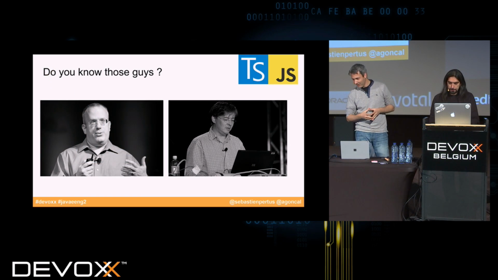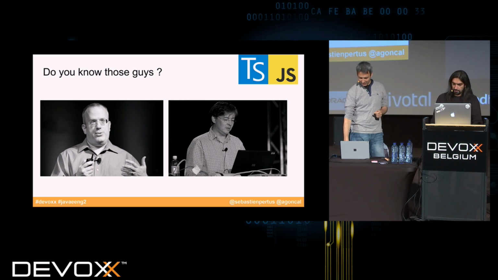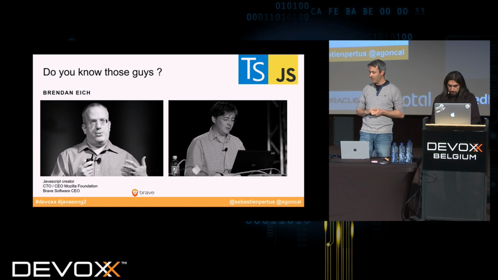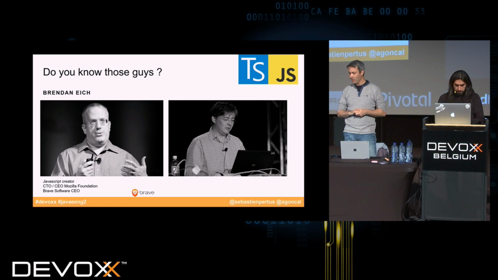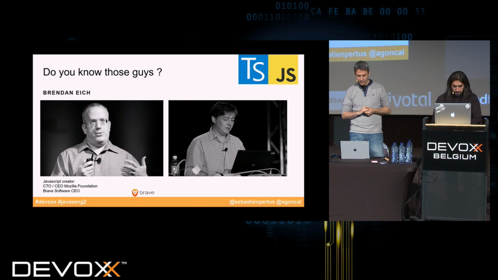First question. Do you know those guys? The first one on the left. Anyone? Okay, it's Brendan Eich. He's the daddy of JavaScript. He is the creator. He made JavaScript in maybe '95, and he was the CTO and CEO of the Mozilla Foundation, and right now he is the CEO of Brave Software.